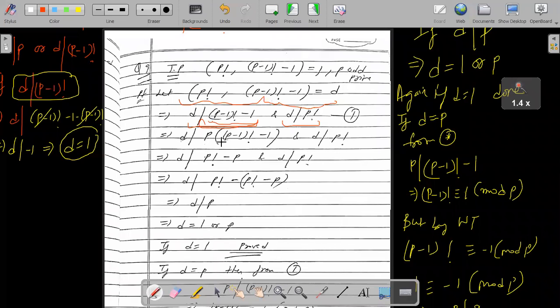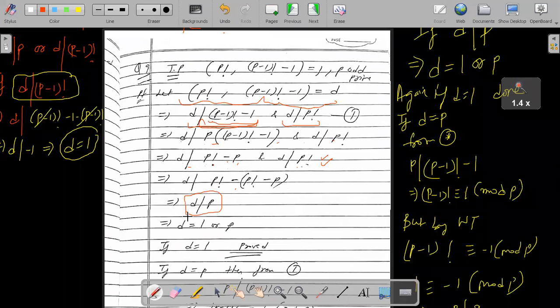So D will divide P into this number. So D will divide P factorial minus P, और D divides P factorial. बेटा क्लियर है? Yes ma'am.